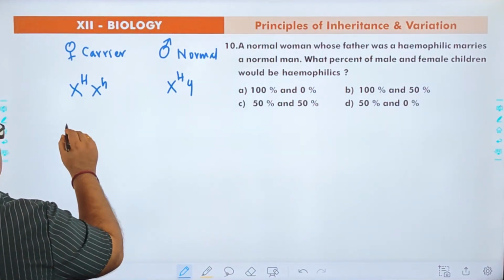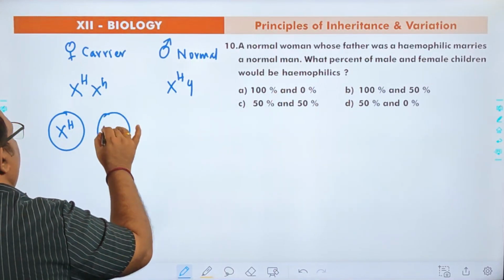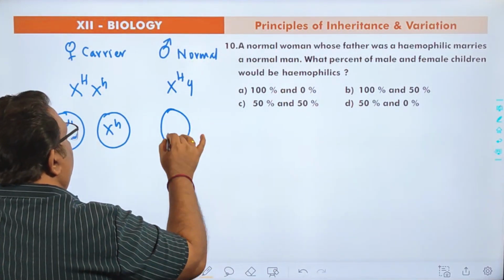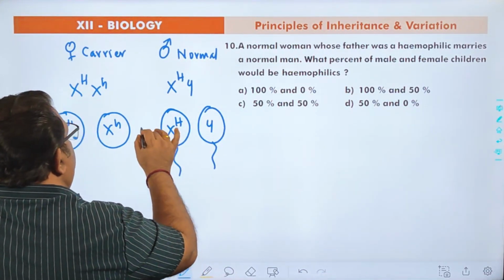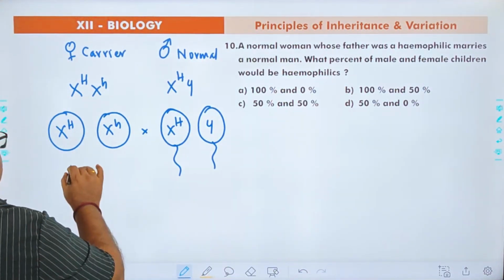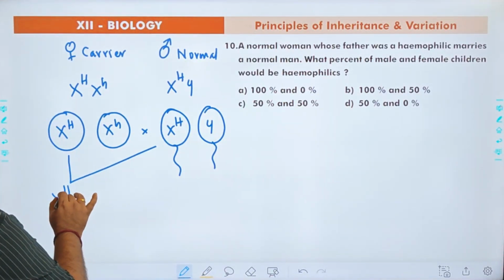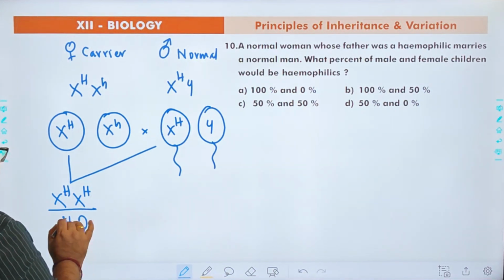Here two types of ova will be produced, one X capital H and another X small h. Two types of sperms are possible, one with X capital H and another with Y. When this type of crossing occurs, the result is X capital H X capital H, a normal female.